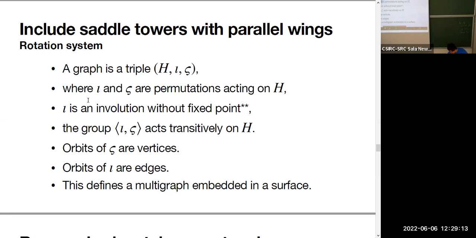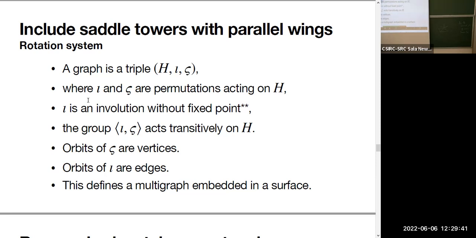For that, I need to update the definition of graph. And luckily, I was doing discrete geometry before, so I know how to do this. So what do you know about graphs? You know their vertices and edges. Now I have a different definition of graph. The graph for me is a triple.